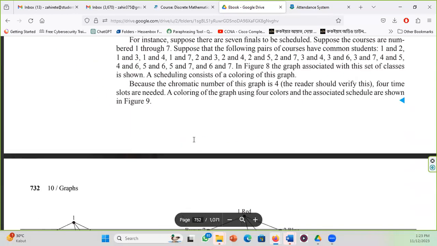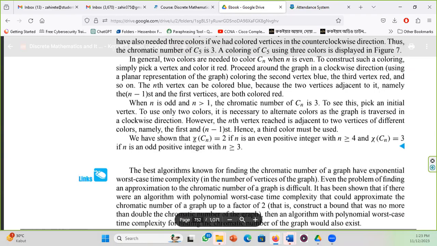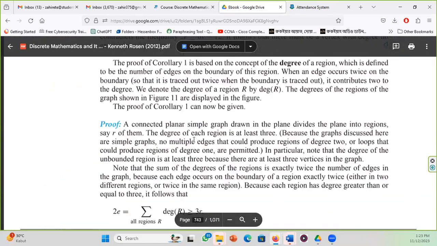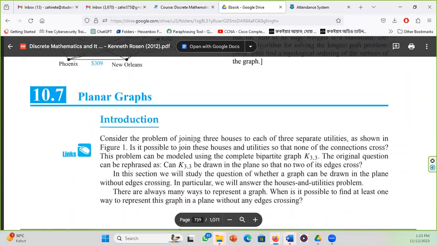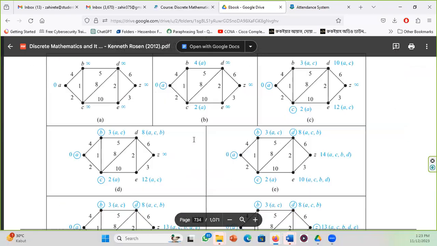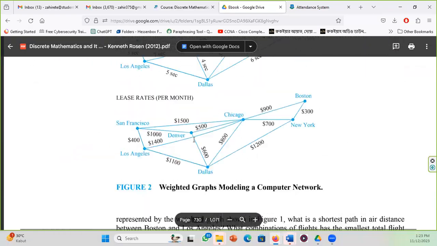Would you please repeat the task number? Yes, sir. Page number most probably 724. Page number 724.